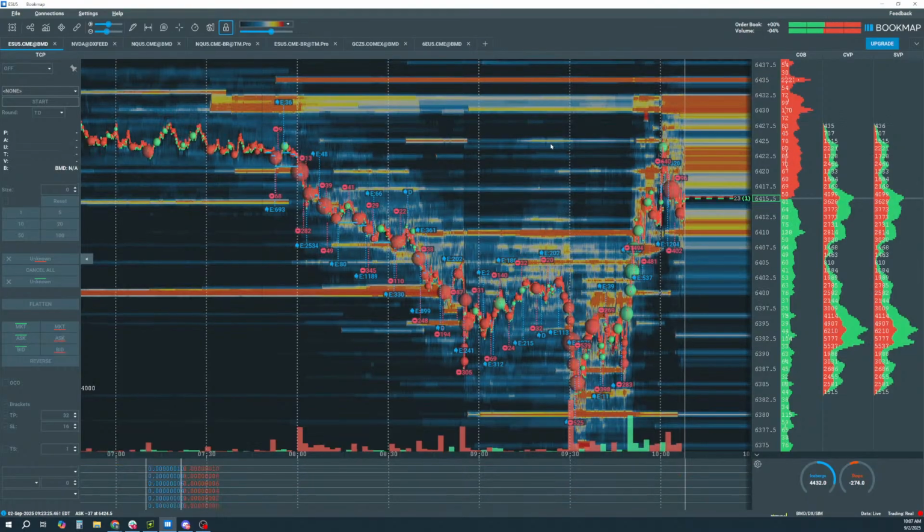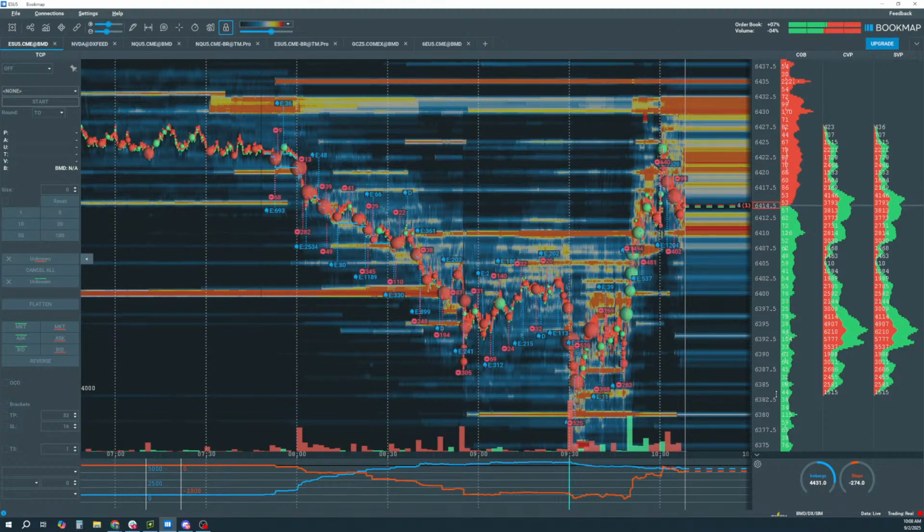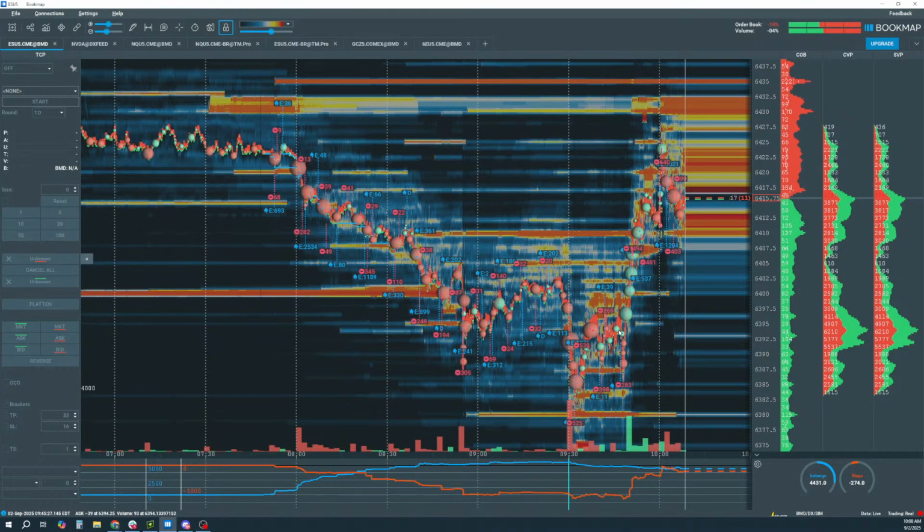Okay, so great data right off the bat here. As you can see, the move here to the downside is pretty steep. It's below 6,400 here, came all the way down to somewhere around 6,383 or 84, and then you can see this move back up after the cash open.